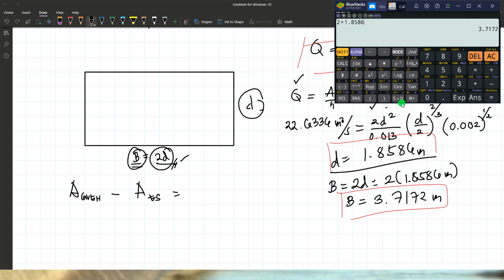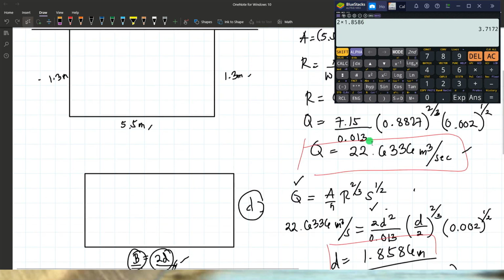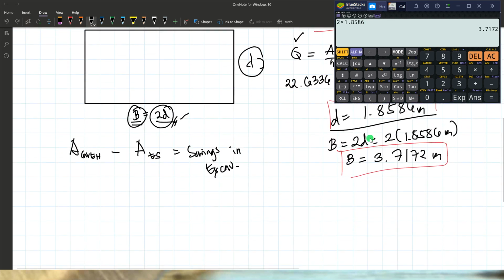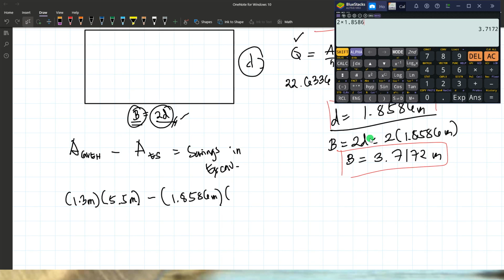So that's your savings in excavation. The area from the given dimensions earlier is 1.3 by 5.5. So this is 1.3 meters times 5.5 meters, subtracted by 1.8586 and 3.7172 meters.